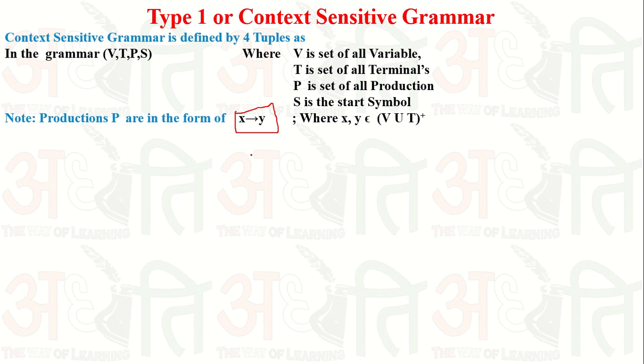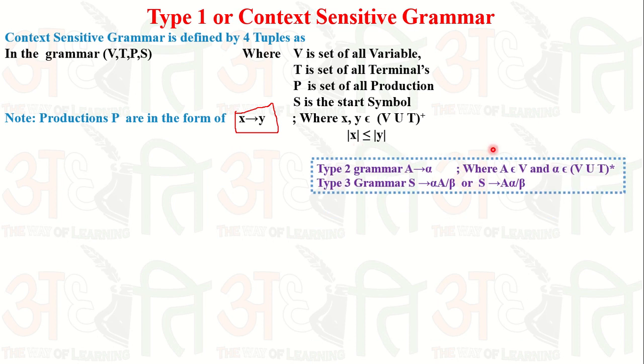Another thing is that the length of the left hand side portion is always less than or equal to the length of the right hand side portion. In other words, the length of the right hand side in the production is always equal to or greater than the length of the left hand side.